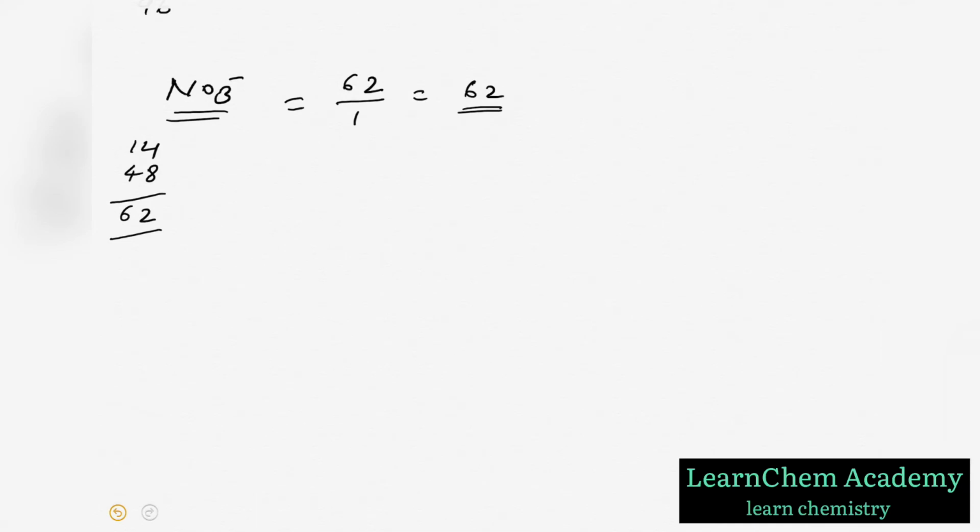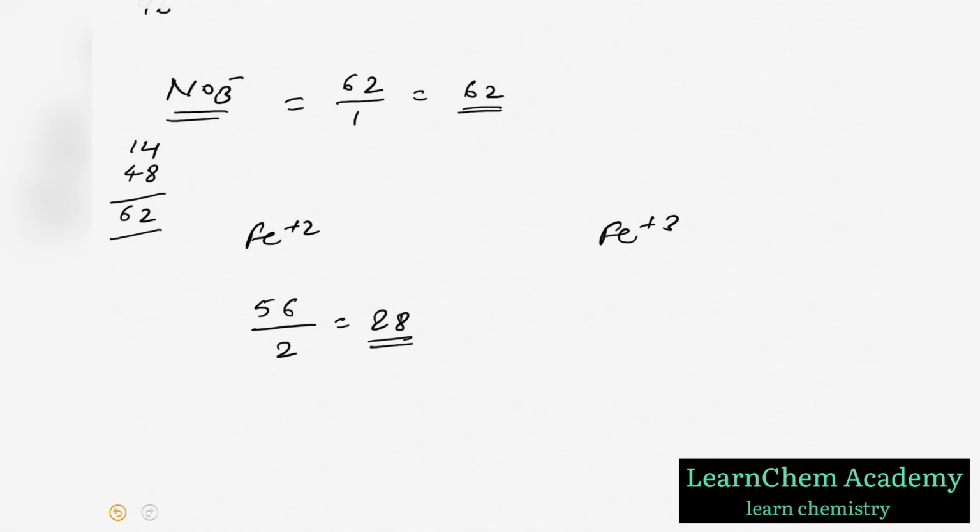If we calculate for Fe2+ and Fe3+, the formula weight of iron is 56, so here 56 and charge is 2, so we will get here 28 is the equivalent weight of Fe2+ ion, the ferrous ion.